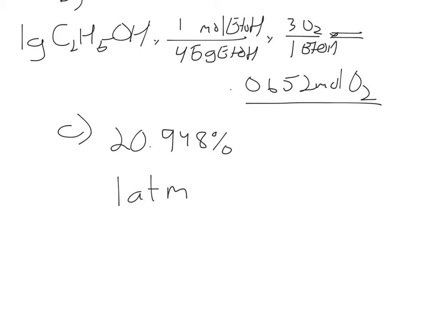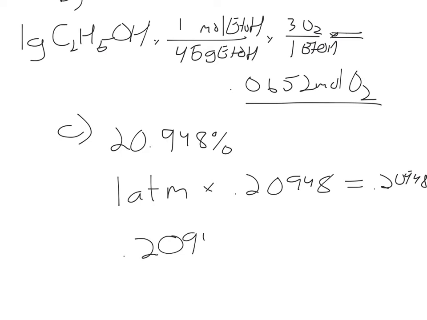Okay, so 1 atmosphere times 0.20948, don't even need a calculator, is 0.20948 atmospheres. Write that down here where I have more room. 0.20948 atmospheres is the partial pressure of O2.